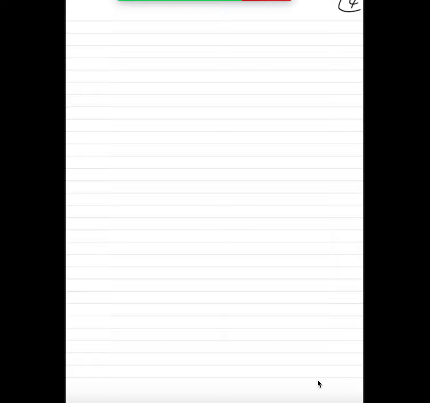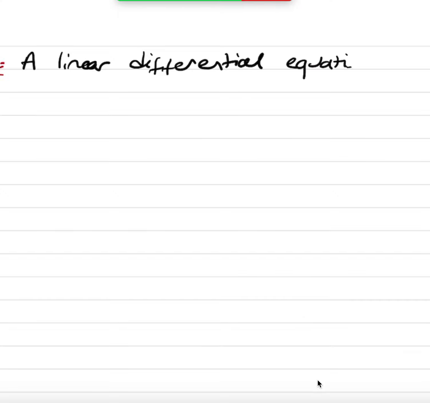Okay, so now let's define linearity. Let me give the definition. So a linear differential equation. We will define an nth order linear differential equation. So we have an order n differential equation.